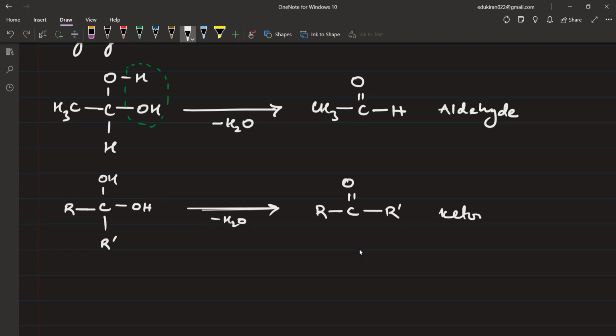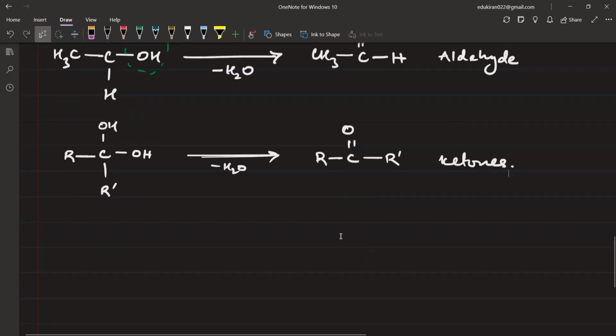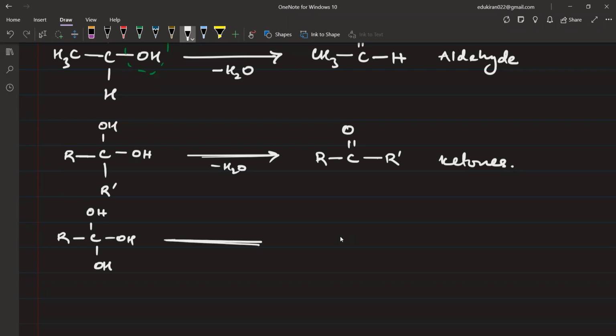That means we will be getting ketones. Now if I have three OH groups on a carbon, then from here also one H2O will leave, and we'll be getting R, C double bond O, and OH.